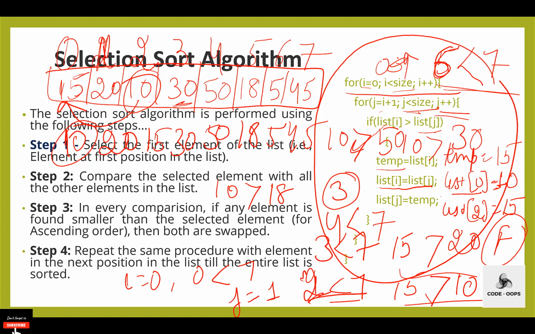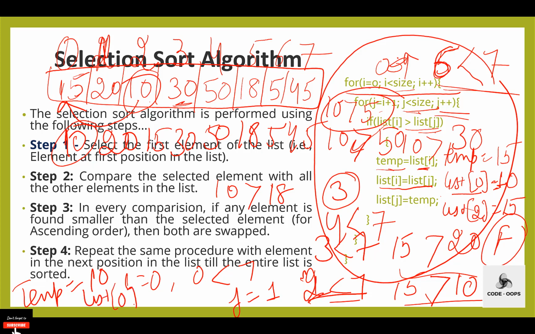Then check the if condition. If list of i is greater than list of j, now the element at i index is 10. 10 is greater than 5, condition becomes true. Then interchange: copy the value at i index into the temp variable. Now temp is equal to 10, and list of i is equal to list of j.